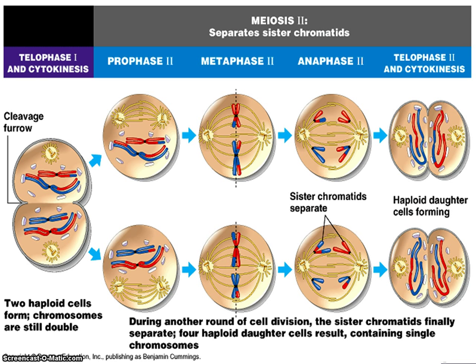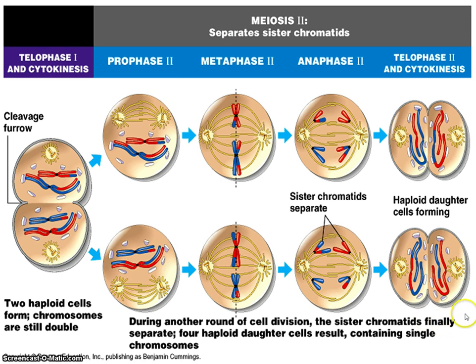So here's a nice picture, just like the picture we looked at in meiosis 1, for meiosis 2. Here you have the two cells that we ended with at meiosis 1. Here they had 46 chromosomes in each cell, and then they go through the process of division again. And then the end result, at the very end of all of meiosis, when we're done with meiosis 1 and meiosis 2, is going to be 4 cells.